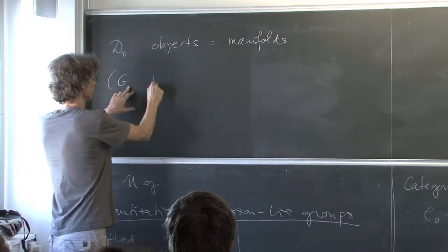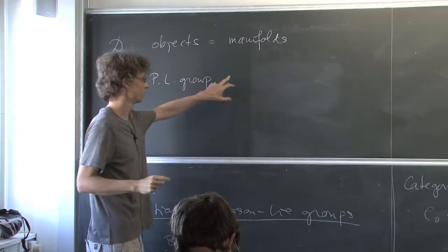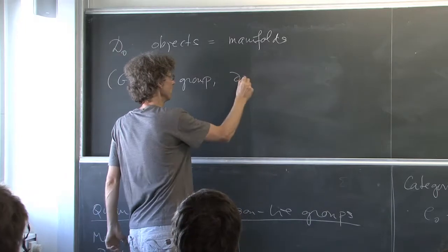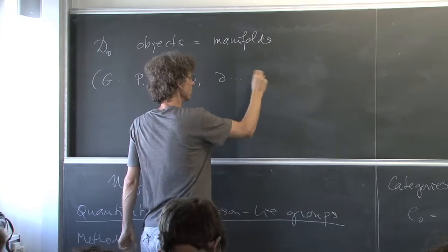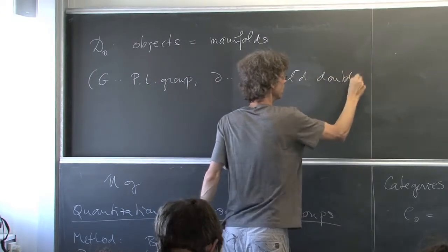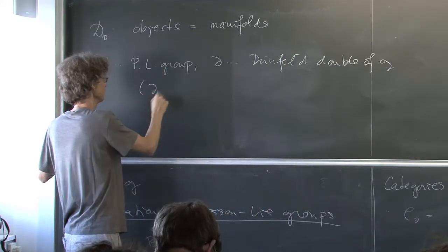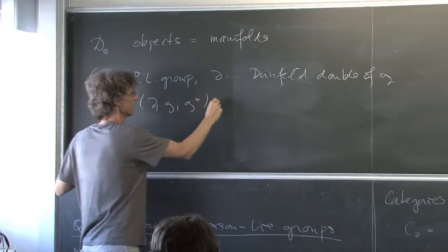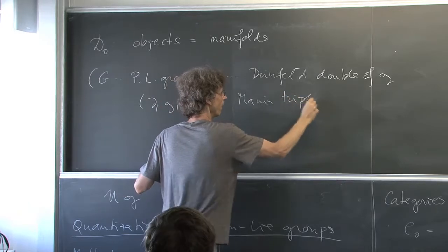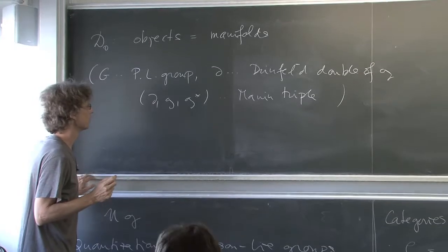G is our Poisson group, and then we need the Drinfeld double of its Lie algebra. So D is the Lie algebra of the double, that means that g, g star is the Manin triple.